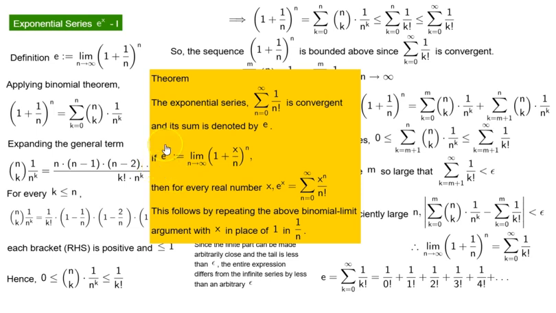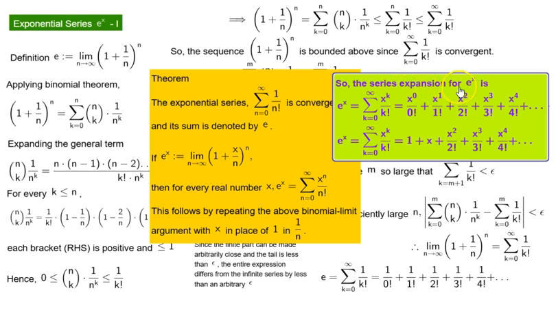Now, if e to the power of x is defined as the limit as n goes to infinity of (1 plus x by n) to the power of n, then for every real number x, e to the power of x is equal to the series x to the power of n by n factorial. And we can derive this by repeating the binomial limit argument with x in place of 1 in 1 by n.